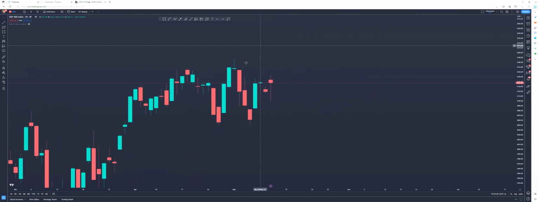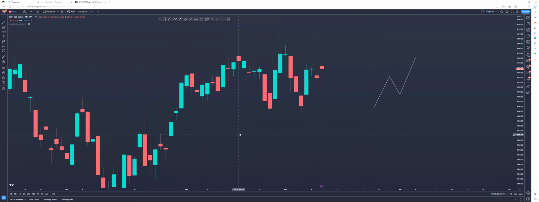Okay, cool. Before, I like to draw it on the side just for learning purposes. So remember, we want a break of structure, and then that'd be the order block.